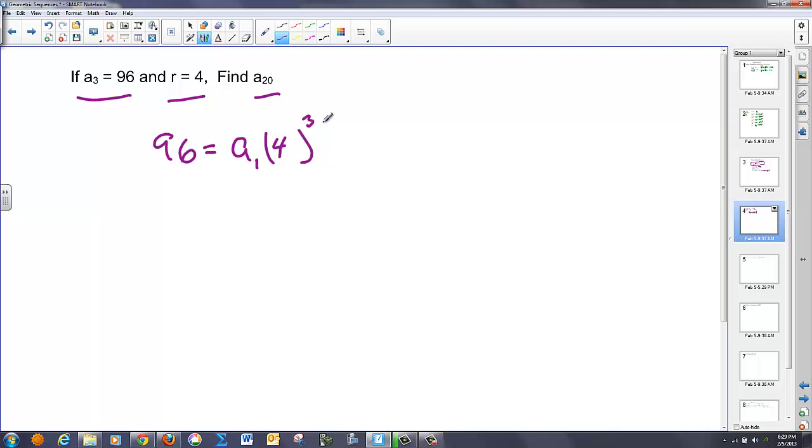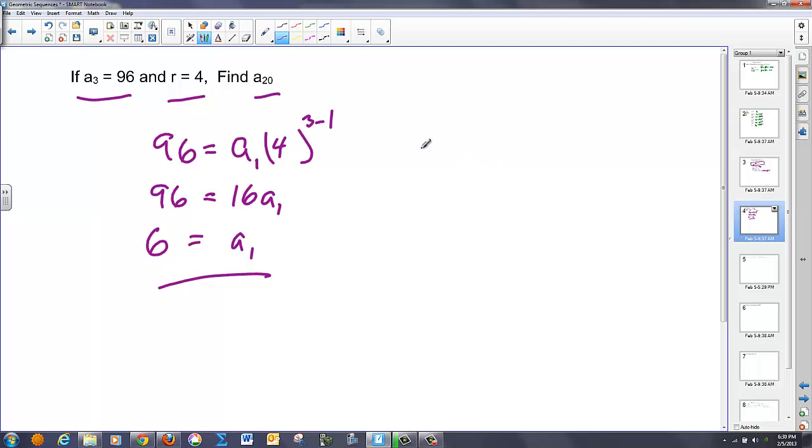So that's 3 minus 1 power. So this gets me 4 squared, which is 16, times the first term is equal to 96. I divide 16 into 96, get 6. That gives me my first term.